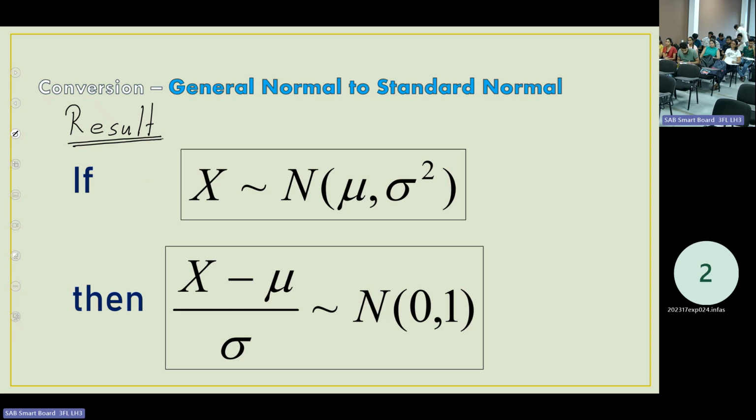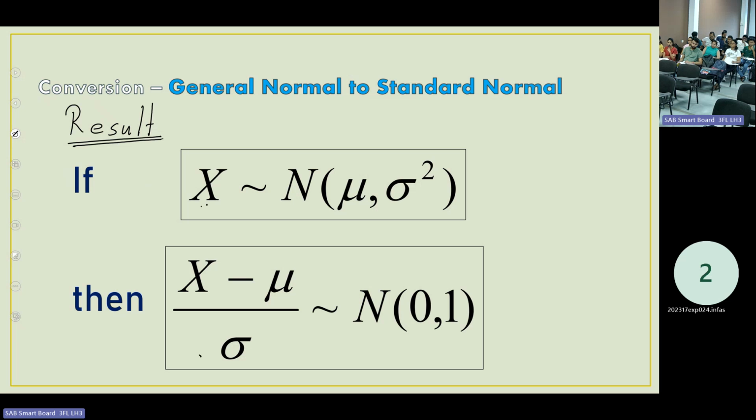Subtract mean. That is the mean of this variable. From X, subtract its mean, divide by its sigma, then you can transfer any general normal variable to standard normal variable. Subtract mean, divide by sigma will transfer any general normal variable to standard normal variable. Let's write subtract mean, divide by sigma.